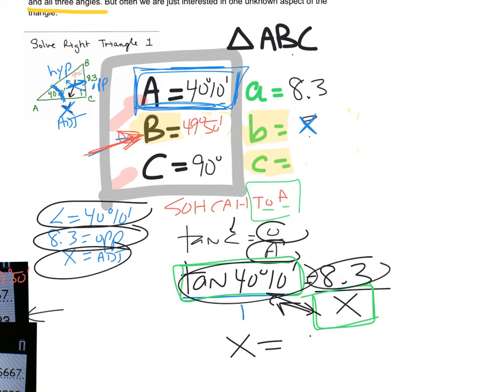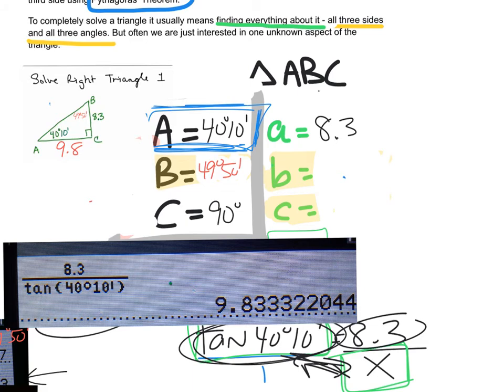That equals the 8.3 that's still there, divided by, now the tangent of 40 degrees 10 minutes takes the x spot. So to figure out x, which is side B, I'm going to do 8.3 divided by the tangent of 40 degrees 10 minutes on my calculator. So here it looks like x, which stands for side B, was 9.8.